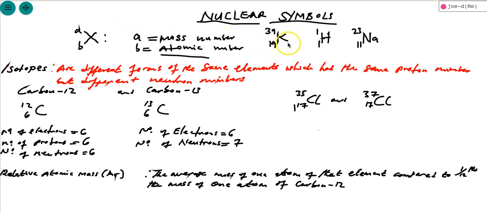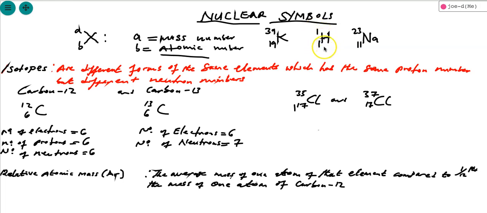So let's look at an example here. We have potassium here. Potassium has atomic number 19 and the mass number is 39. The previous example we looked at, that's the potassium. Another one we've been given is hydrogen. If you look at the symbol, the bottom number is always the atomic number and the top is the mass number.